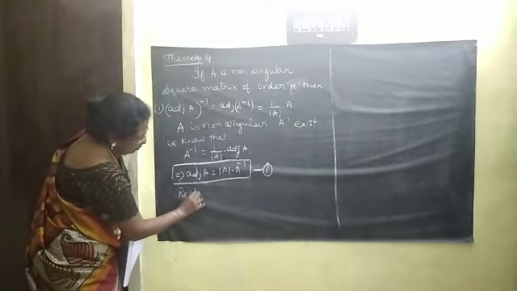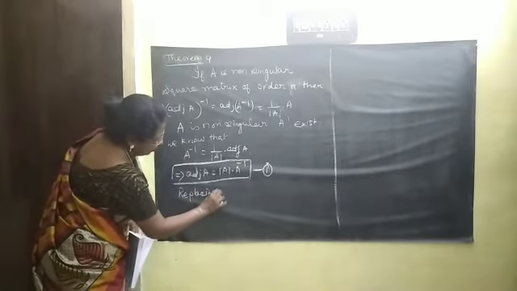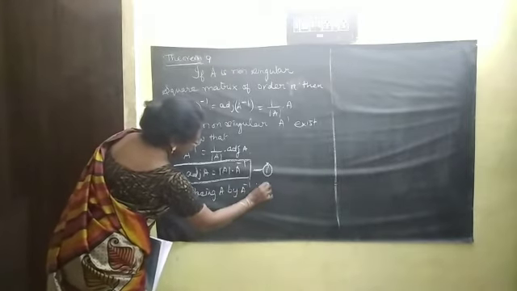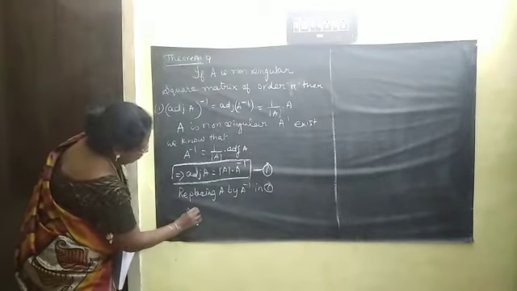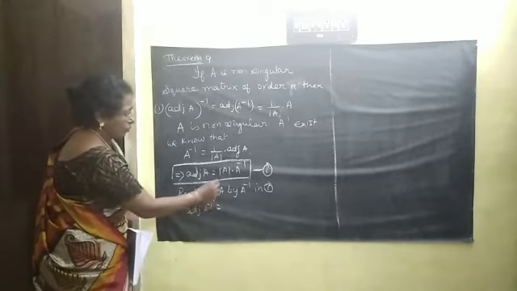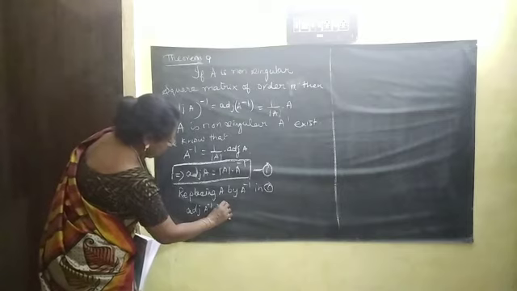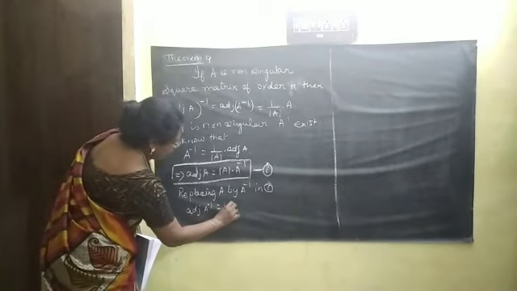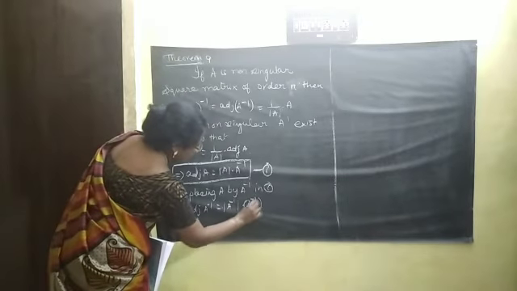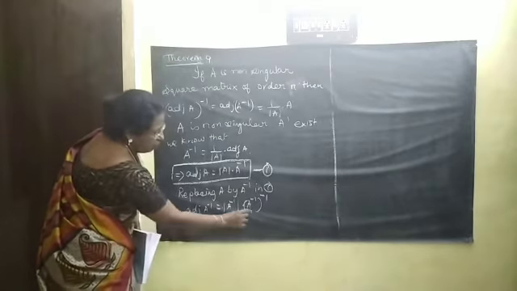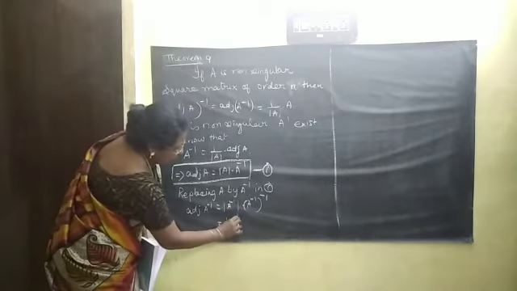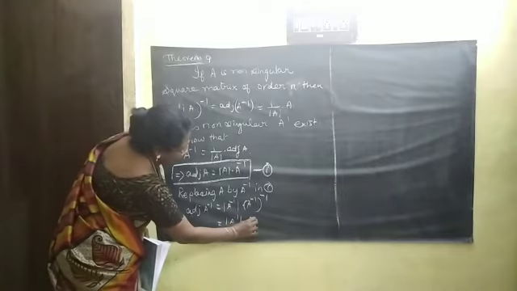Replacing A by A inverse in 1, we get adjugate of A inverse is equal to determinant A inverse into A inverse, the whole inverse. Now A inverse, the whole inverse is A. Therefore, determinant A inverse into A.